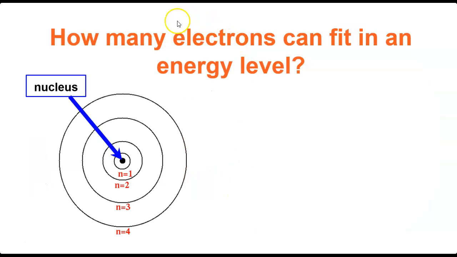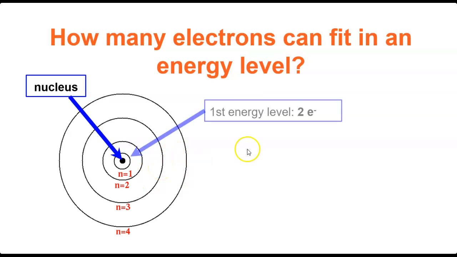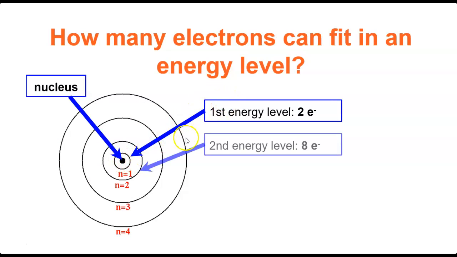All right, so how many electrons specifically can go into each energy level? Well, in the activity we did, we only went up to the third energy level and we didn't actually fill it. All right, so the first energy level can only hold 2 electrons. So add that to your notes. The first energy level can hold 2 electrons. You don't have to draw this diagram, but you can if you want to. It's up to you. The second energy level can hold 8 electrons.